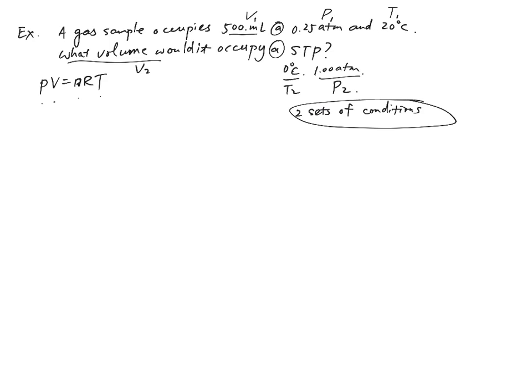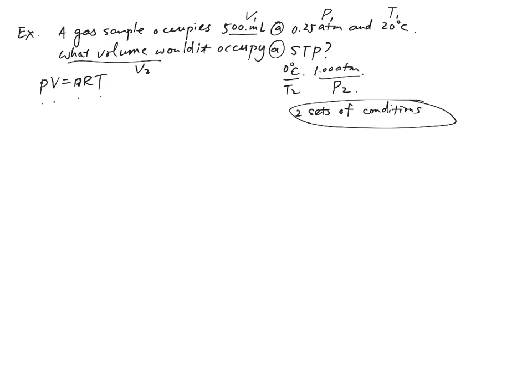But if you have two sets of conditions, we also have a standard operating procedure. What is that operating procedure? You've got to realize that the same sets of condition always satisfy PV equal to nRT.